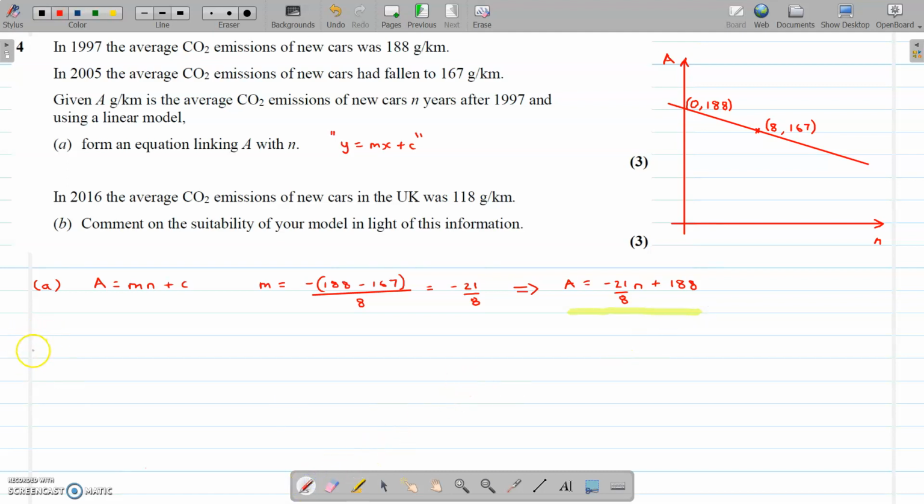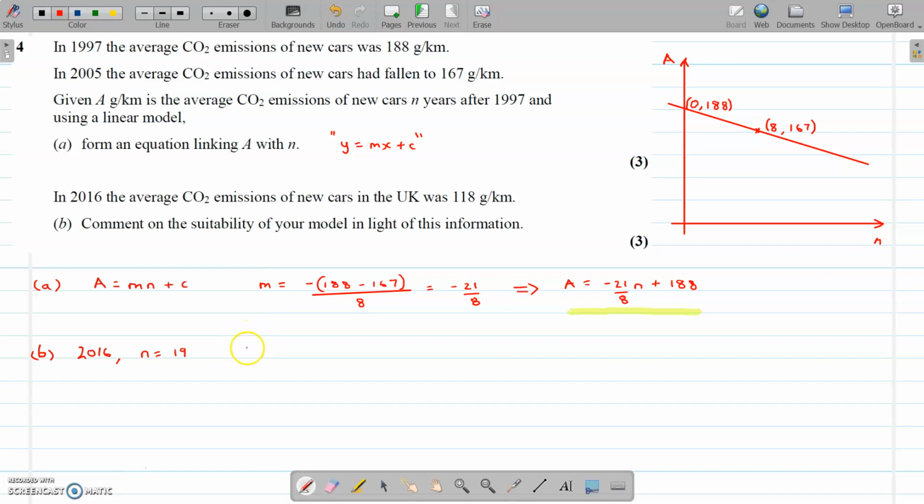Now, in part B, we are given an example of what the carbon emissions were in 2016. Okay, now 2016 is 19 years after 1997, so N is 19. So 2016, I'll just make a note of that. 2016, right, N equals 19. Now we just substitute into our linear model.